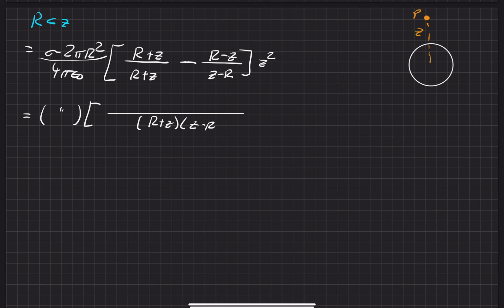So z minus r, same common denominator, r plus z minus r minus z, and then r plus z, still pointing in the z hat direction.